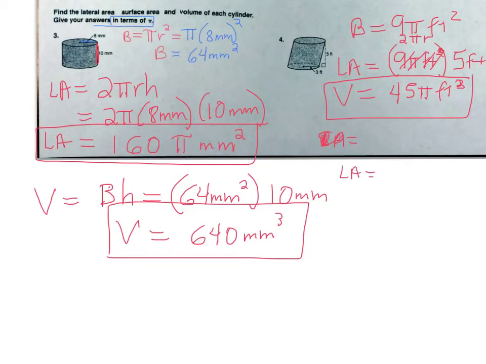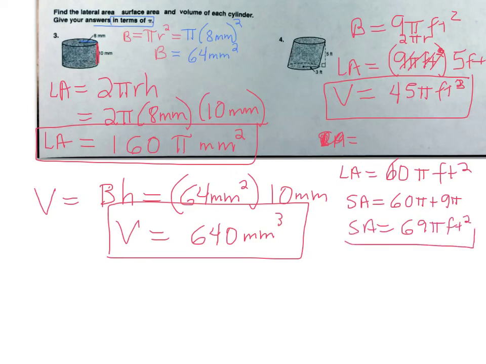It's 10 and then times 6, so it's supposed to be 60 pi square feet. And the surface area is 60 pi plus 9 pi, which is 69 pi square feet. This is a surface area. So surface area, 69 pi square feet. Lateral area is 60.